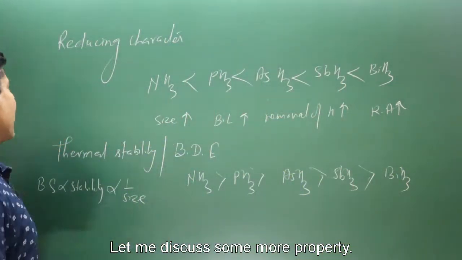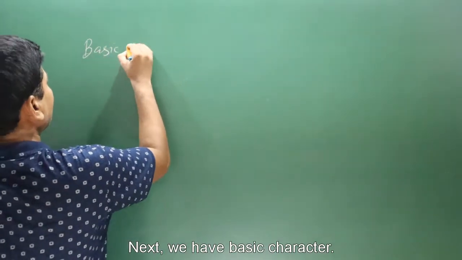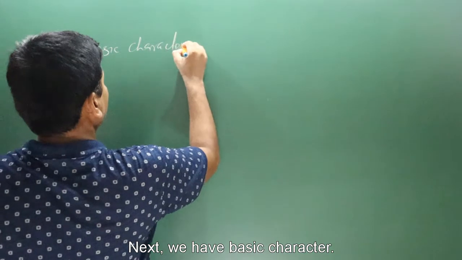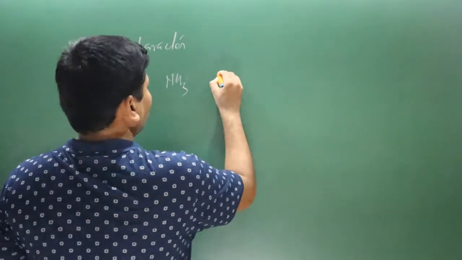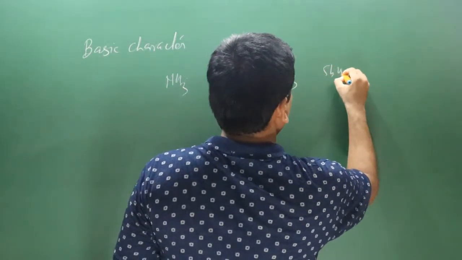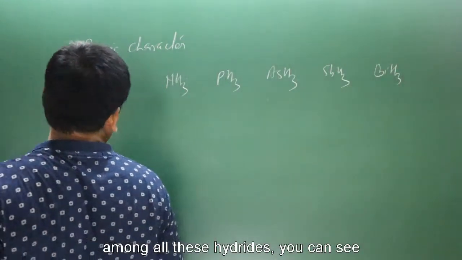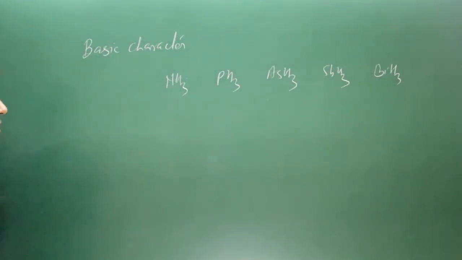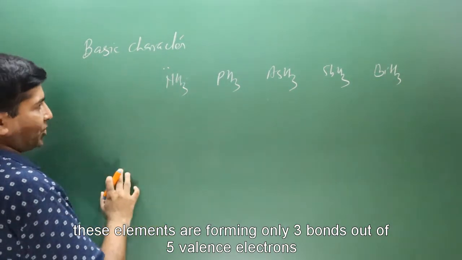Let me discuss some more properties. Next we have basic character among the hydrides: nitrogen, phosphorus, arsenic, antimony, and bismuth. Among all these hydrides, these elements form only 3 bonds out of 5 valence electrons.